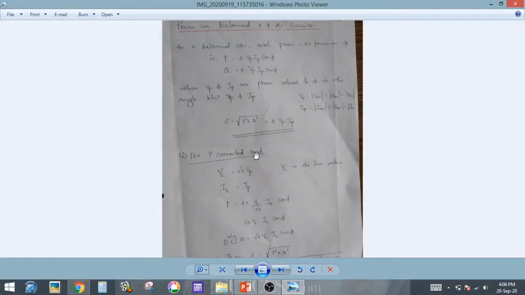So we can take P, or active power, equal to 3 V phase I phase cos phi. By substituting these values, that is I phase equal to IL and V phase equal to VL by root 3, we get the expression root 3 VL IL cos phi.